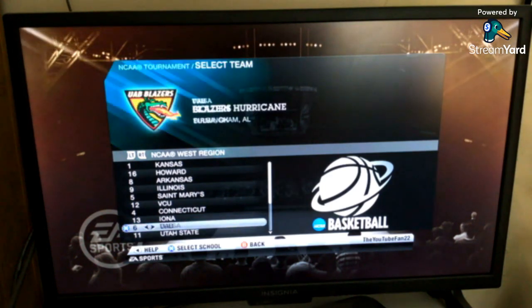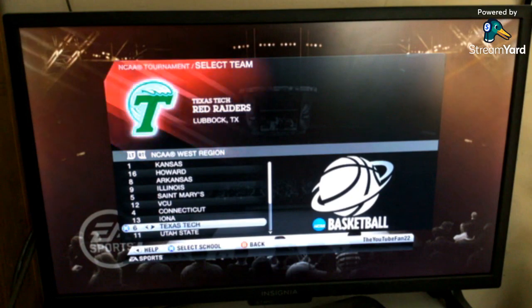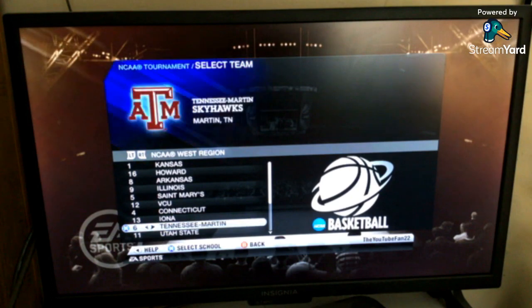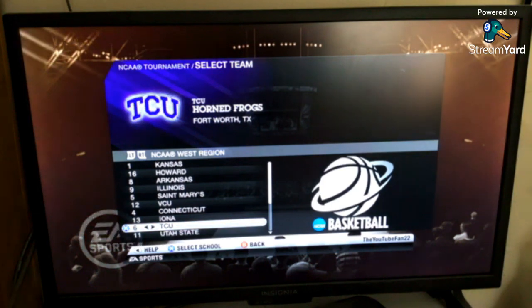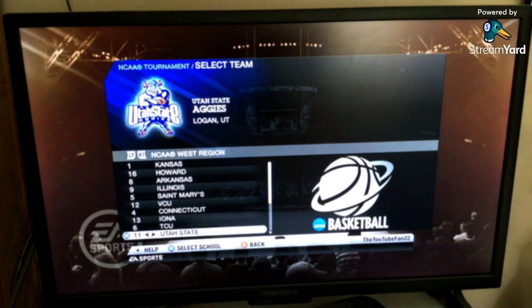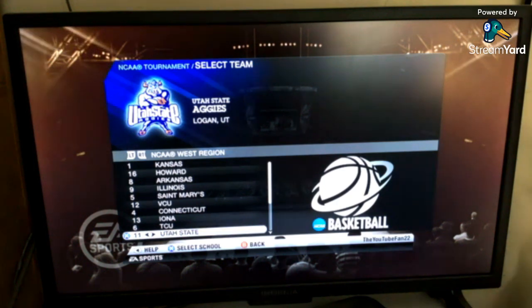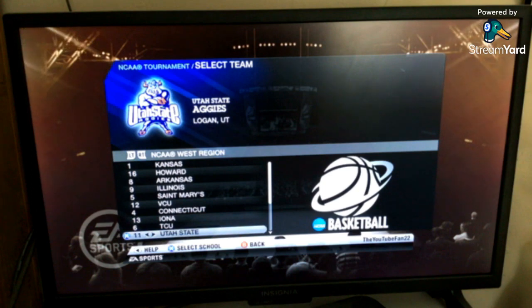Yep, I think I passed TCU. There's TCU, sorry. I passed TCU. And then the next seed is the 11th seed. And since there was not a play-in tournament, our first four, back when the game came out, we have to select either Arizona State or Nevada, and we are going to go with Arizona State.